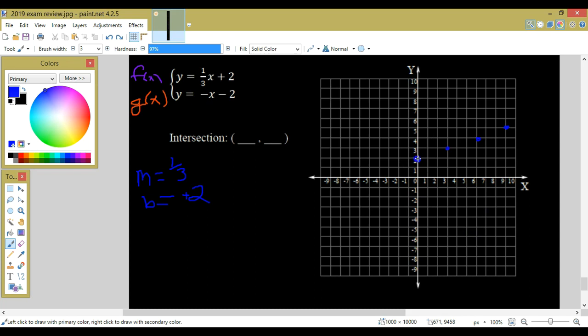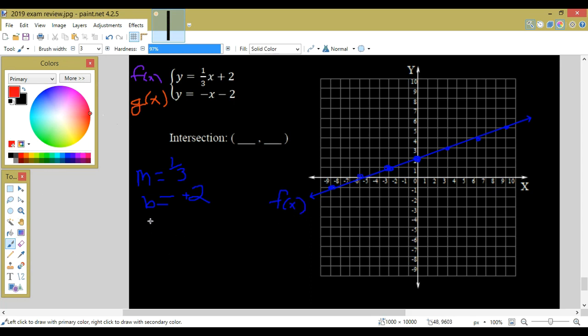Down 1, left 3. Down 1, left 3. Until you can't do it anymore. Let's go ahead and connect our points. And that's our f of x equation. That's our graph for the first equation.